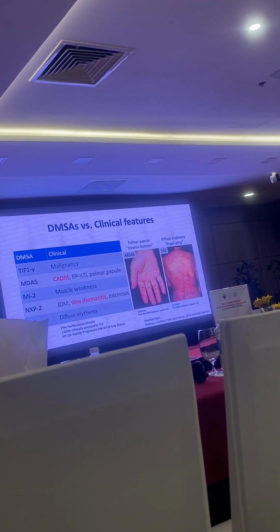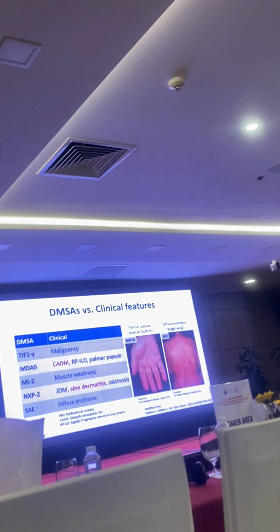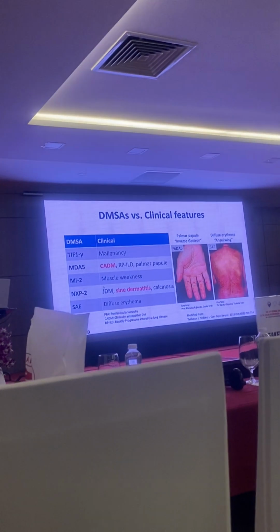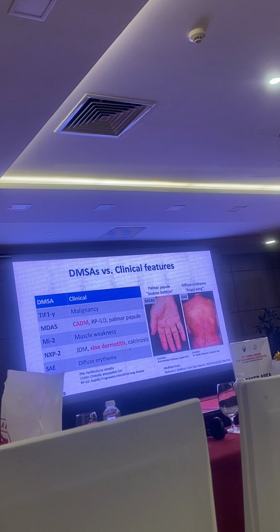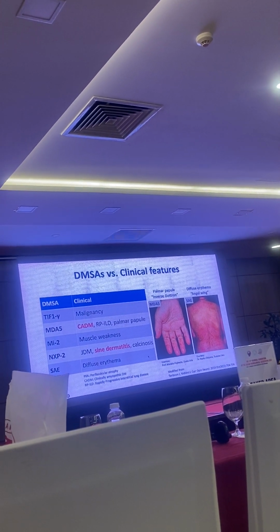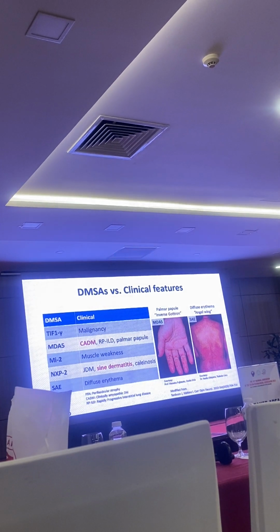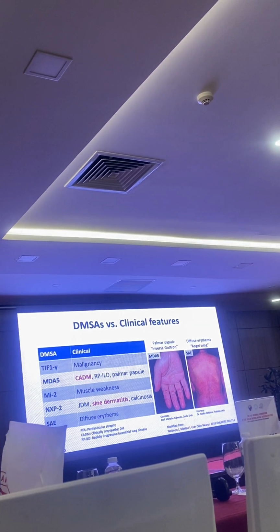That's why CK is very high and muscle weakness is stronger, more obvious. NXP2 cases, as I mentioned, juvenile dermatomyositis, and calcinosis: in the chronic stage, many patients develop calcinosis. And SAE cases often show this type of diffuse erythema.